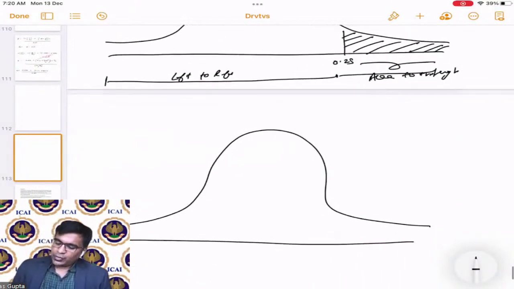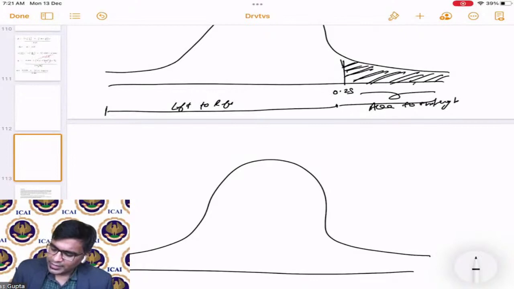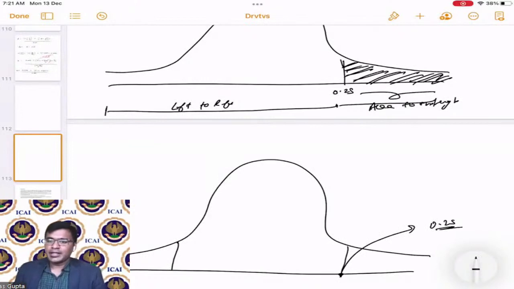So if 0.25 is on the line here, our observation is actually here, but there is a mirror observation, so these two areas will be equal.